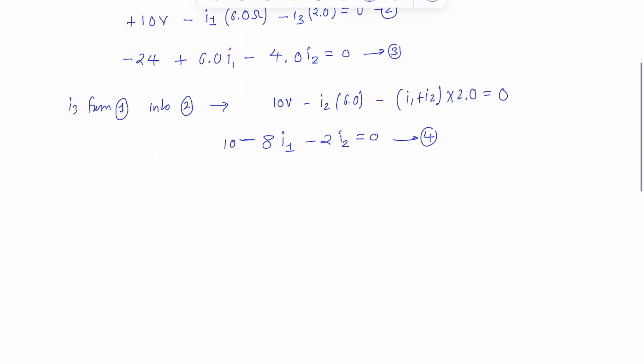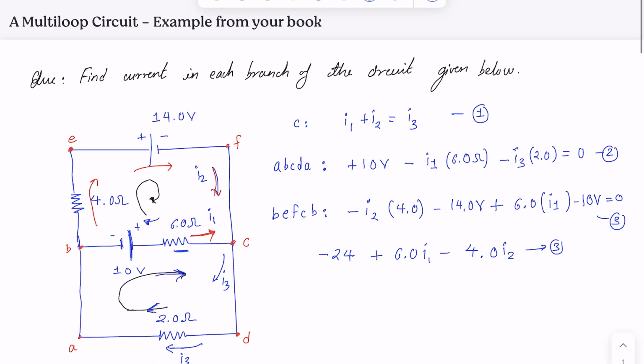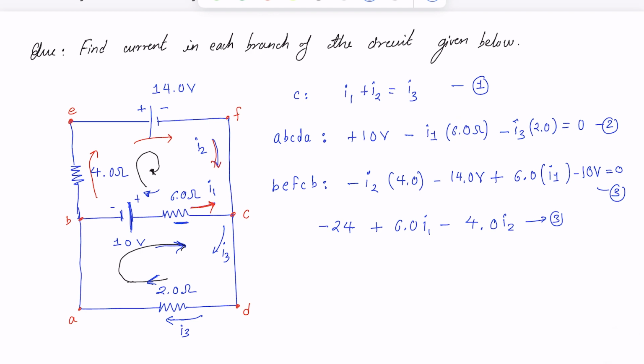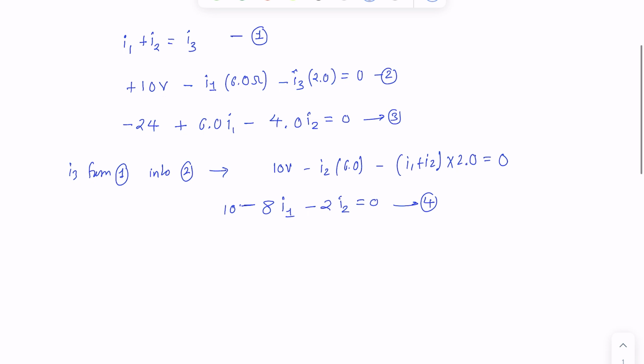Now there are multiple ways to solve these kinds of problems. The concept is there are three variables and three unknowns, so you can solve this problem. I'm following exactly what is given in the example, so if you want to look more into how I'm doing this, you can just read the example.